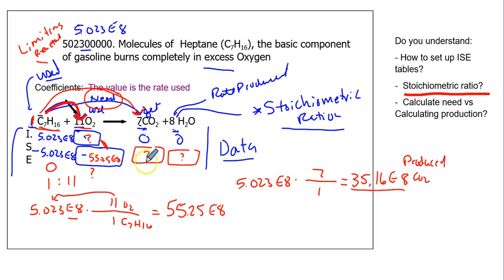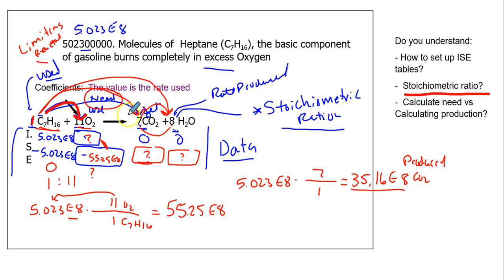Okay, so now I have this guy. You note that these two also interrelate. For every 7 of these, I get 8 of these. I could say for every 1 of these, I get 8 of these. However you want to relate this, it's all connected. It happens in concert. Everything happens at once. I can't get 7 of these without getting 8 of these. So I'm going to jump from here to here.